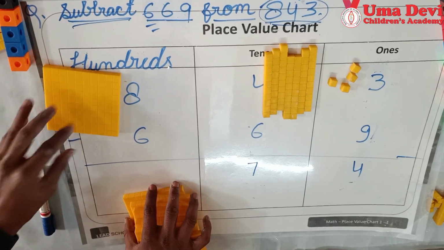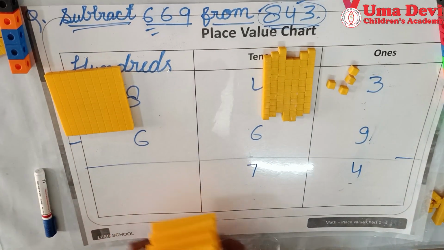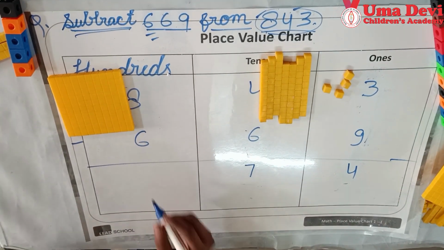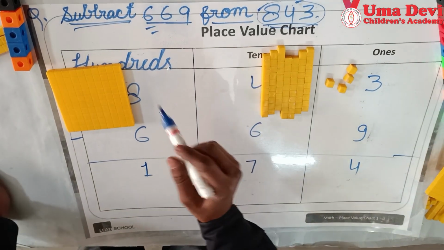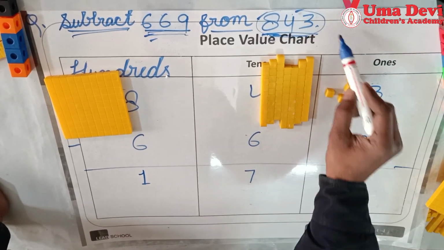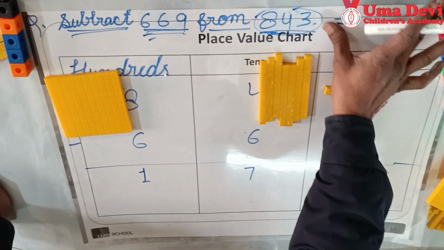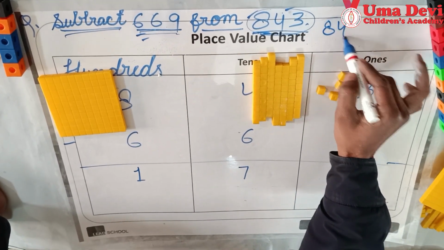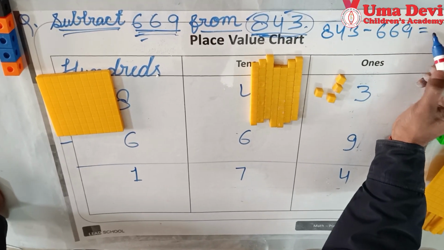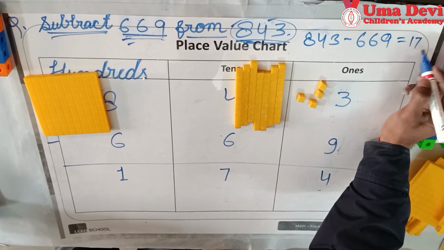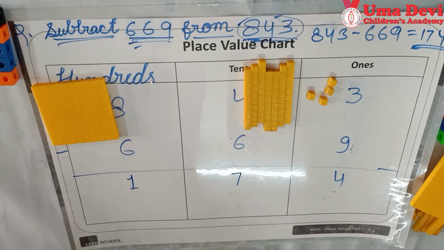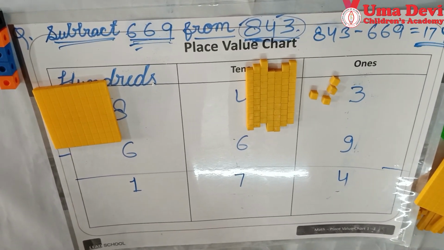Right. So how many hundreds will be left? 1. 100 will be left here, so we will write 1. So when we subtract 669 from 843, we can write it like this: 843 minus 669, and we will get 174, right? I hope you have understood how we subtract the numbers.